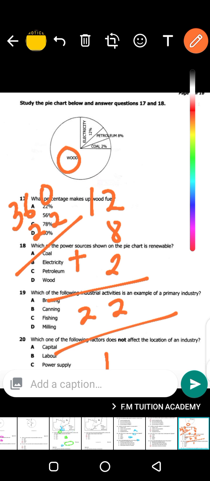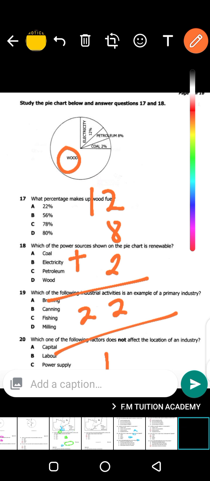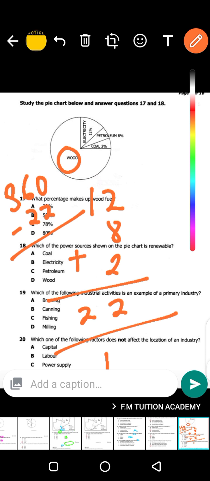The total is subtracted from 360. So we'll say 360 minus 22. 0 minus 2, it can't, so you borrow 1 from 6, 6 becomes 5.